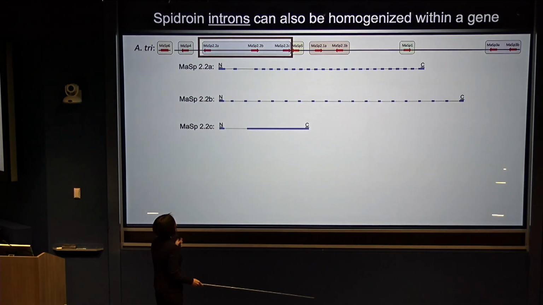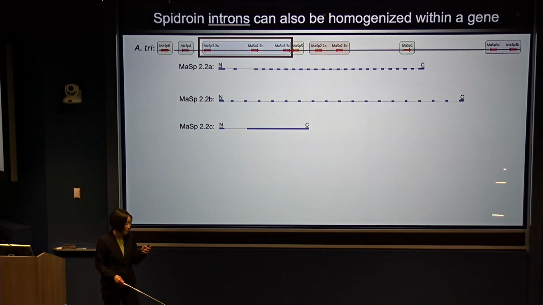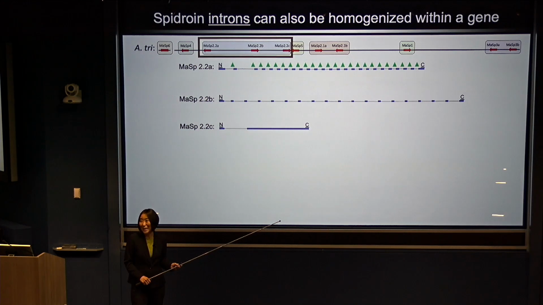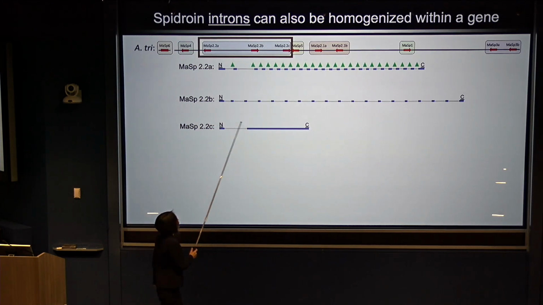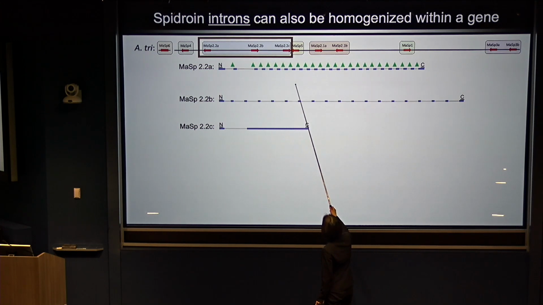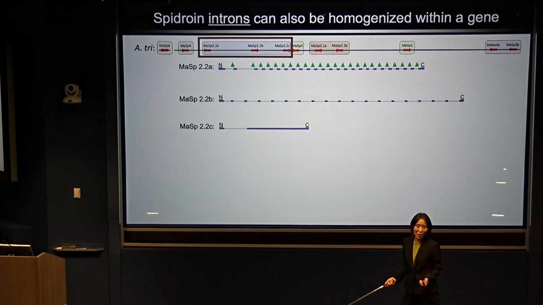And now it's going to get a little weird. Now we're going to talk about these introns that have appeared. These introns are also repeating sequence. This is, again, not something that people usually see, but if you look at the introns in between these repeated exon sequences, the green triangle means that there's excellent sequence identity there. And so I can easily align all the introns to each other.